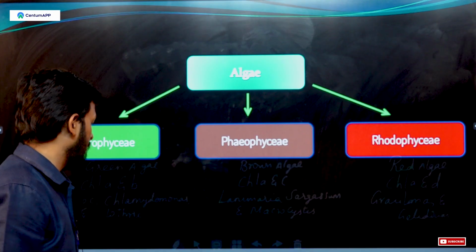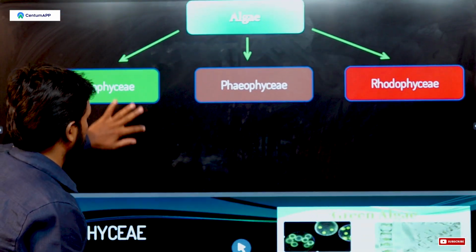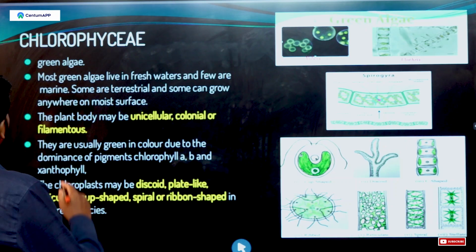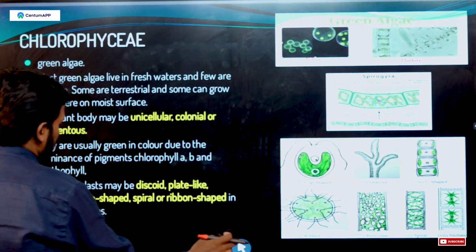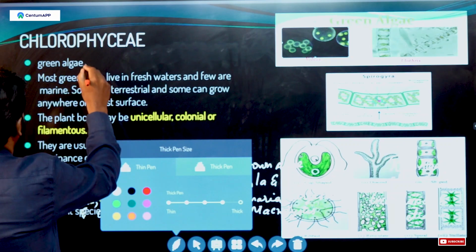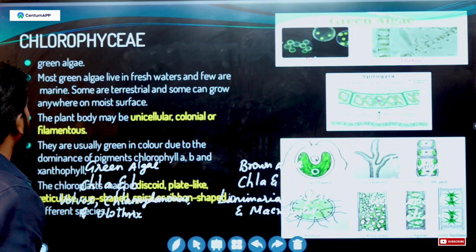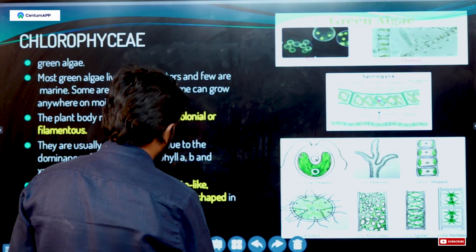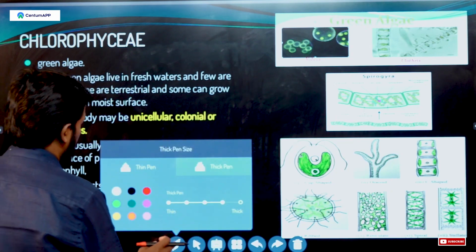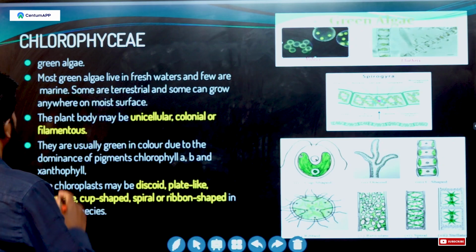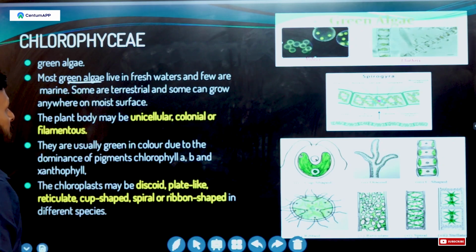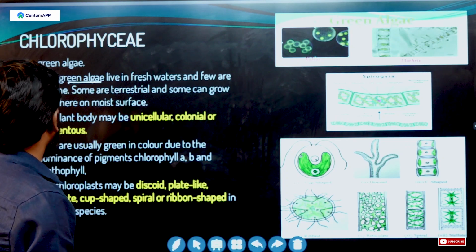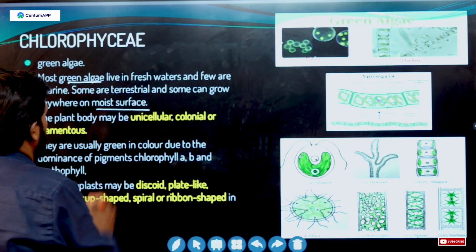Next slide. In chlorophyceae, we know they contain chlorophyll A and chlorophyll B. Most green algae live in freshwater as well as some marine habitats, mostly on moist surfaces.